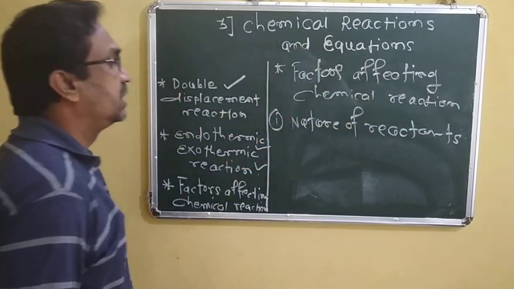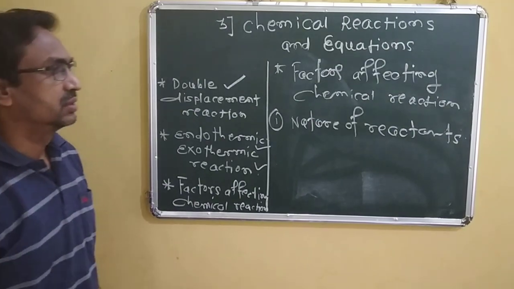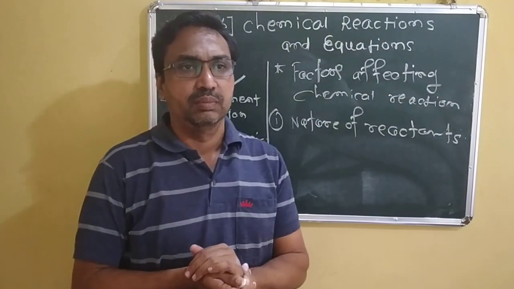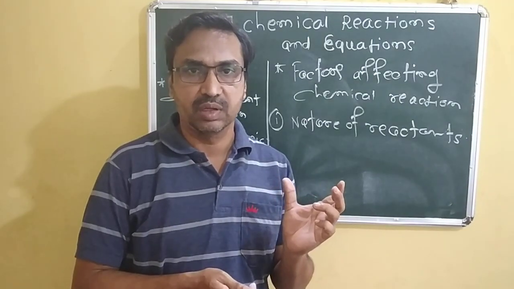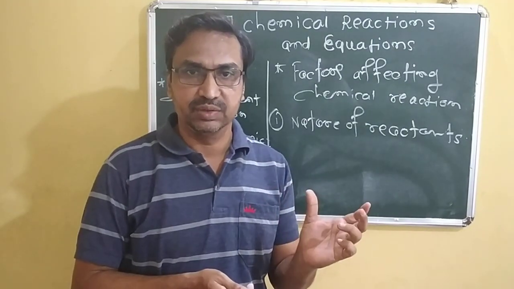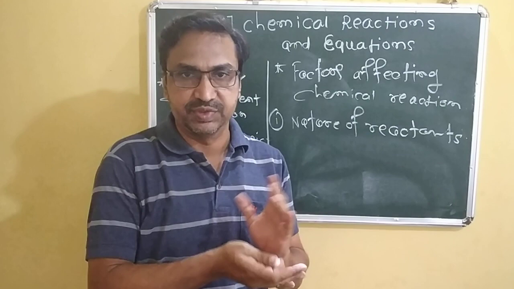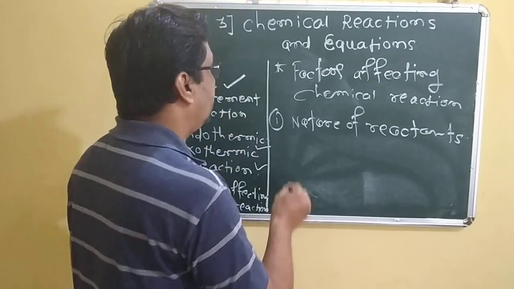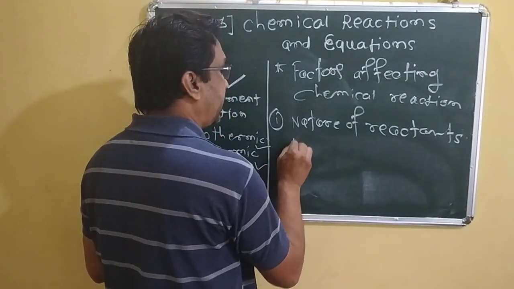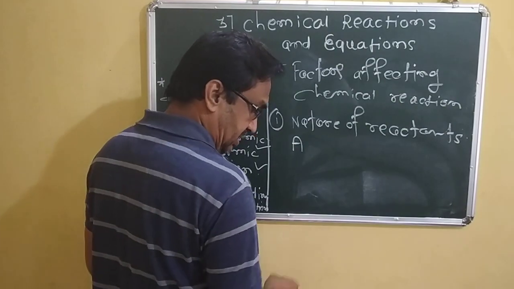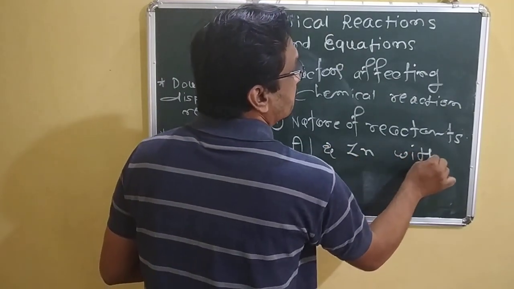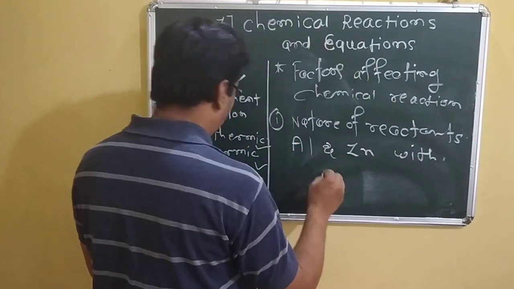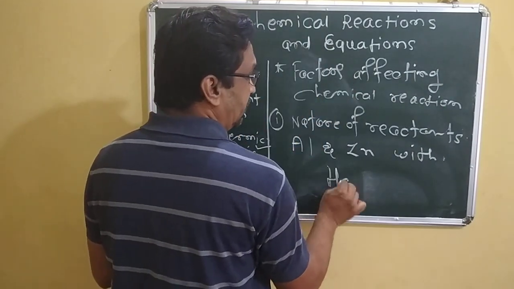The nature of reactants means the reaction is taking place between two different compounds or elements, two different substances. We take an example: the reaction of aluminium and zinc with hydrochloric acid, HCl.